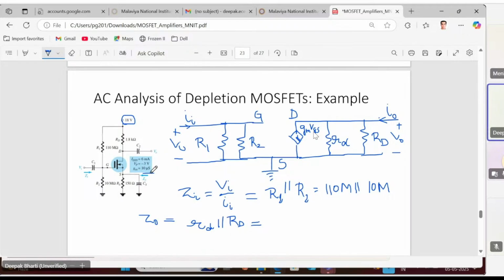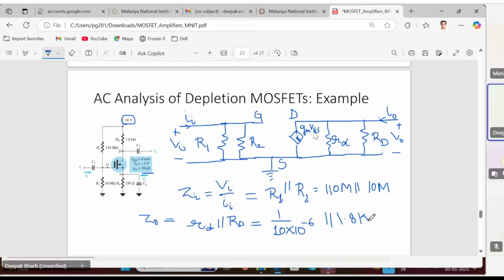So how much is small rd? We have some information here about the device, that GOS is 10 micro Siemens. So this is your small rd parallel capital RD. Capital RD is 1.8K.